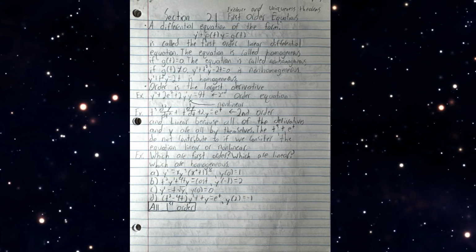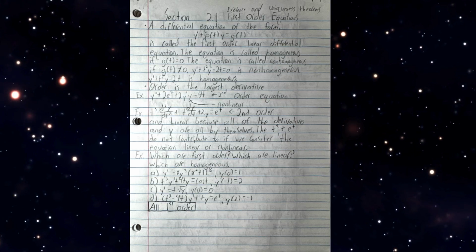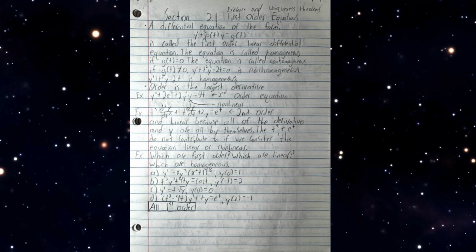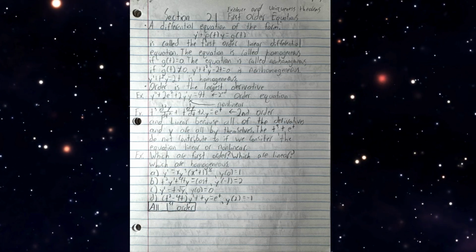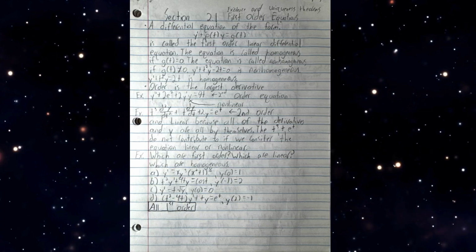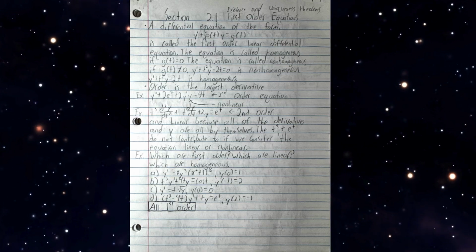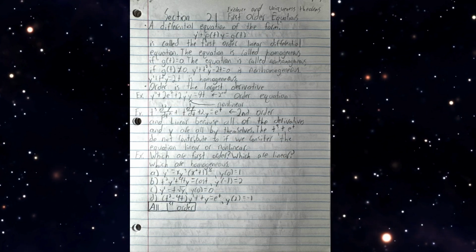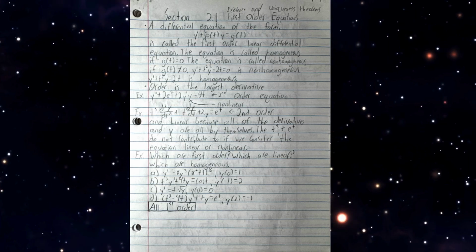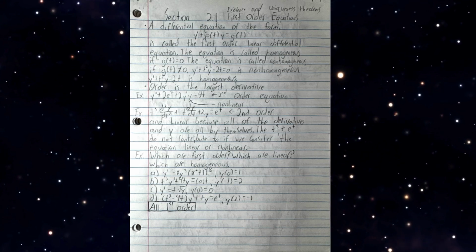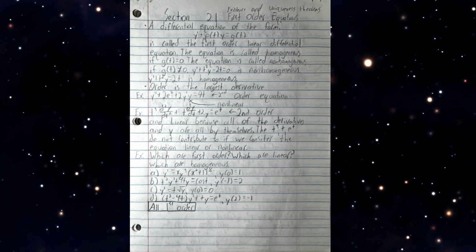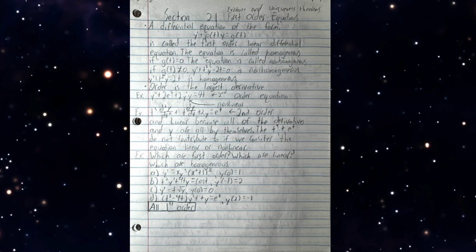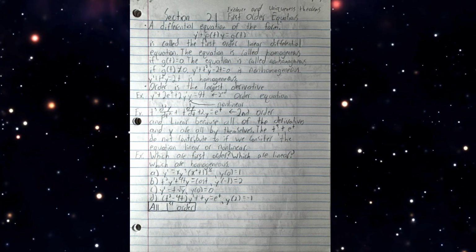Our next equation B, t squared y prime plus 4ty equals cosine of t, and we're given y of -1 equals 2. Next equation C, y prime equals t times the square root of y, and we're given y of 0 equals 0. And finally, our last equation D, t squared minus 4t, all of that times y, plus ty equals e to the t, and the condition is y of 2 equals -1.